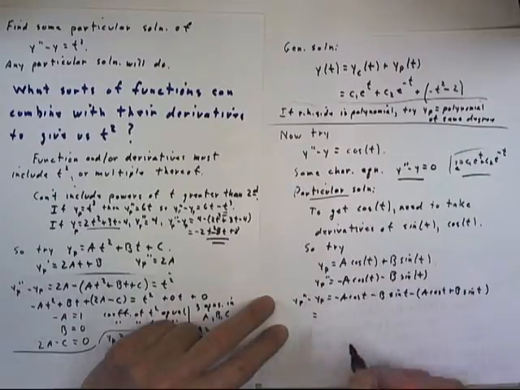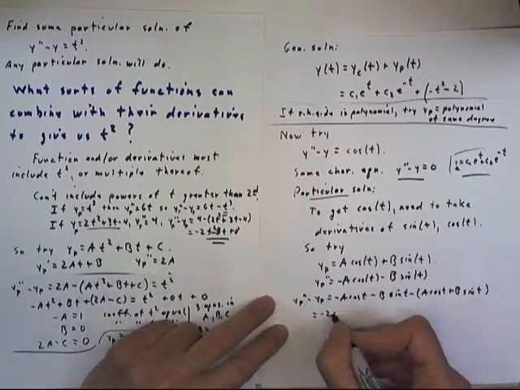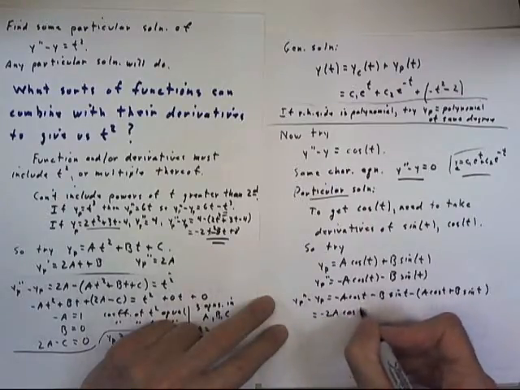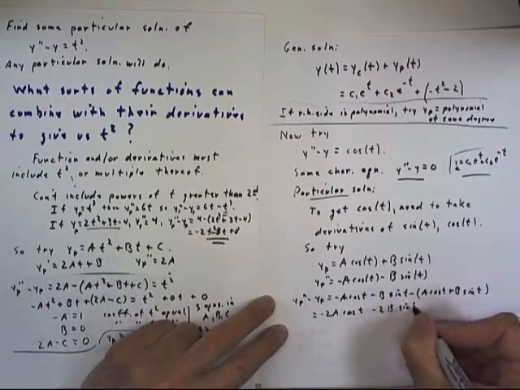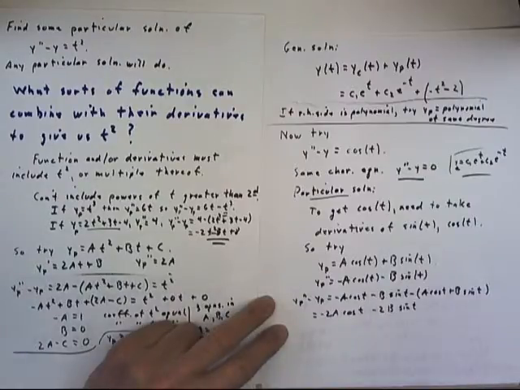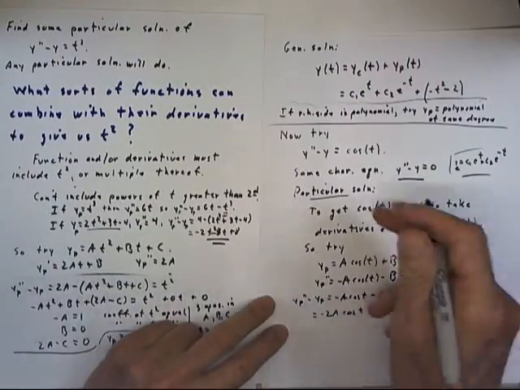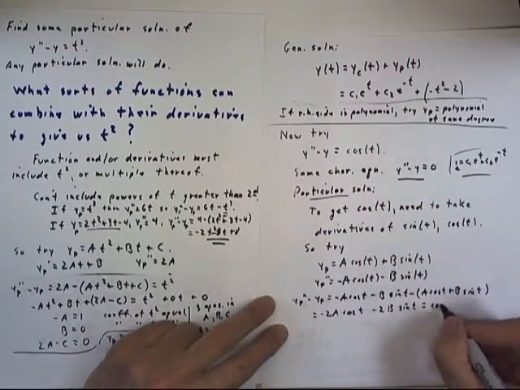And when we collect terms, we simply get negative 2a cosine t minus 2b sine t. And that should equal our right-hand side, which is the cosine of t.